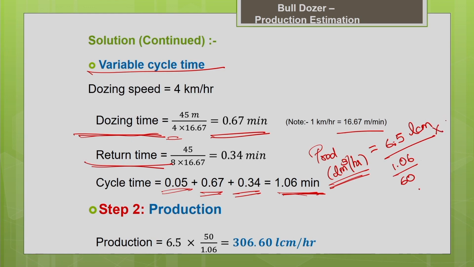And one more important thing, you have to multiply it by the job efficiency. So you are going to work for how much time in an hour; that is job efficiency, working efficiency. Let me simplify: 6.5 into 60 divided by 1.06. What is the job efficiency? It works for 50 minutes in an hour.